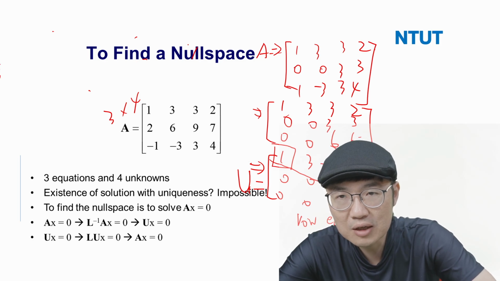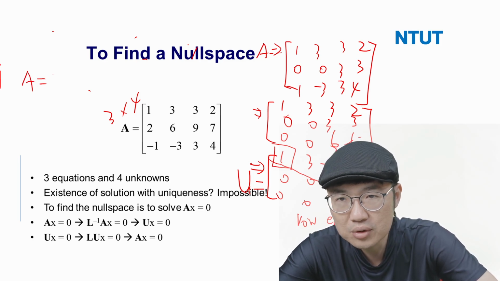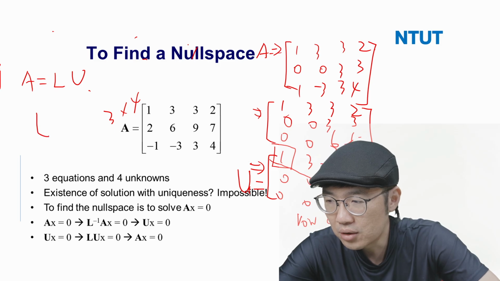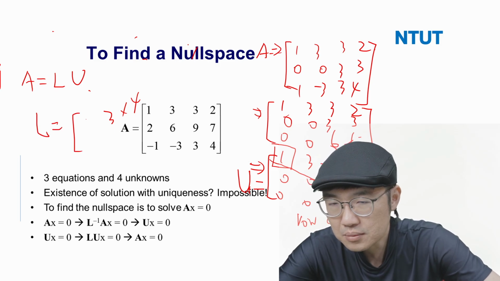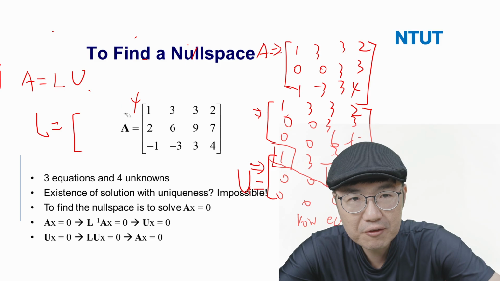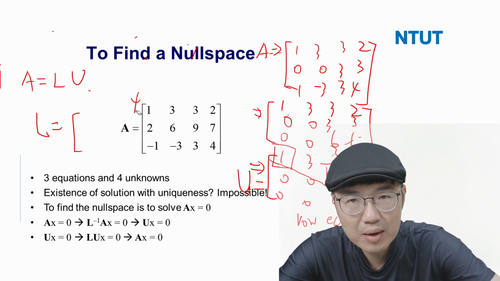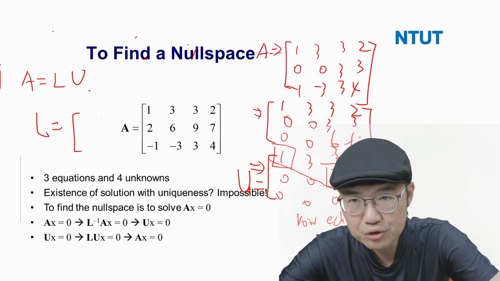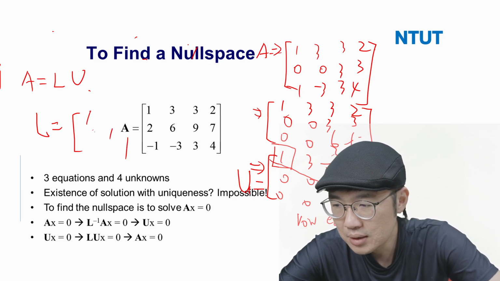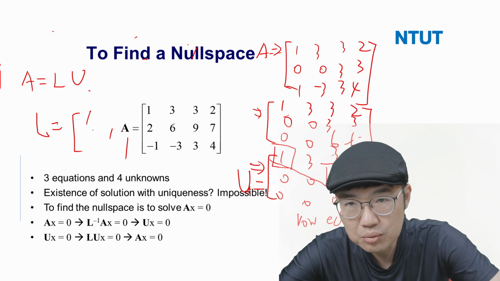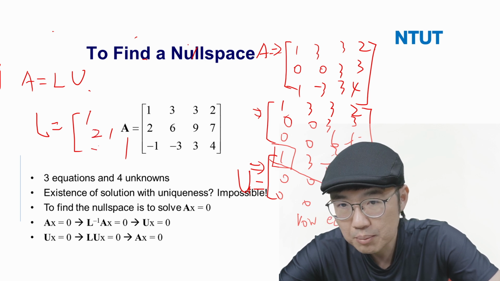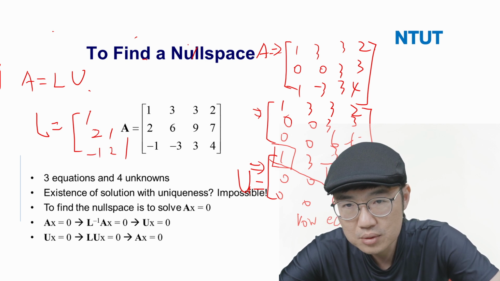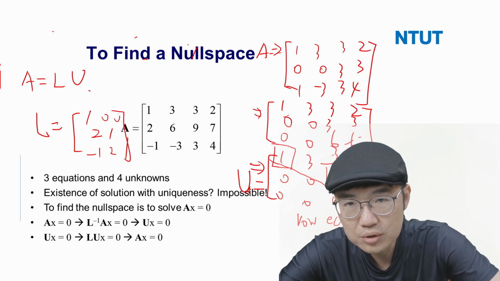Such an L, if we use A equals LU, can be found by all those row manipulations. It's 1, 0, 0; 2, 1, 0; -1, 2, 1.